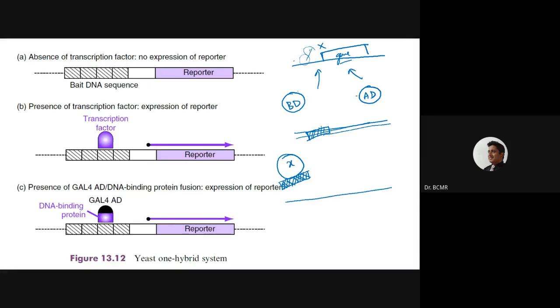And if I have made a translational fusion, I hope you remember translational fusion, wherein I put X here and the activation domain of Gal4, then a protein will be produced that has two domains, domain X and the activation domain of Gal4.